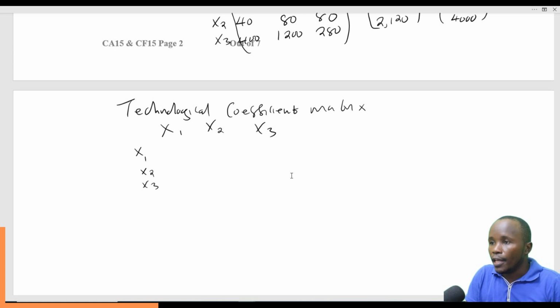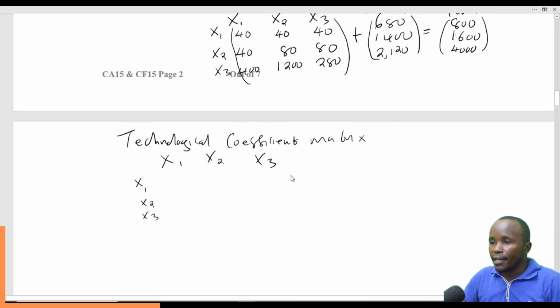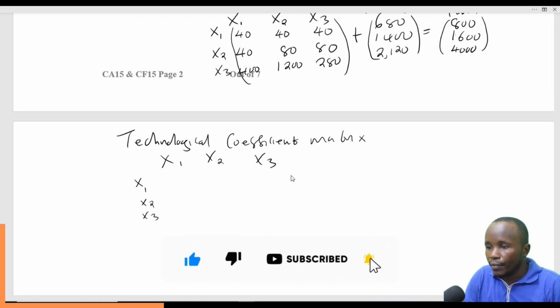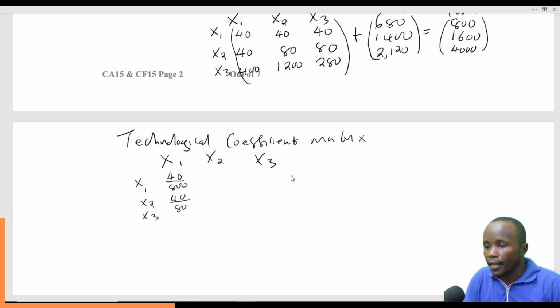Here, from the matrices above, I will take the first column, you divide by the total. This is 40 divided by 800. We also have 40 divided by 800, and here is 400 divided by 800.